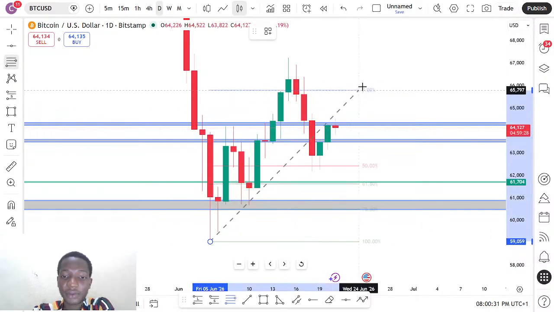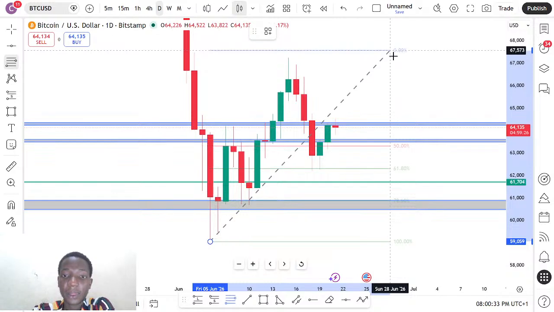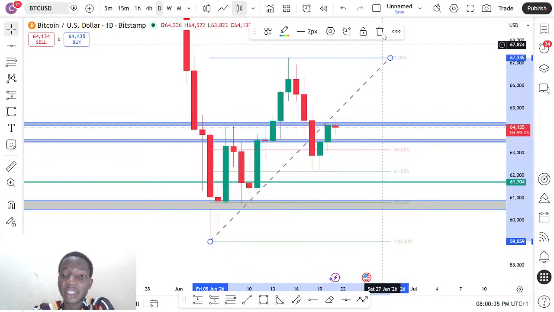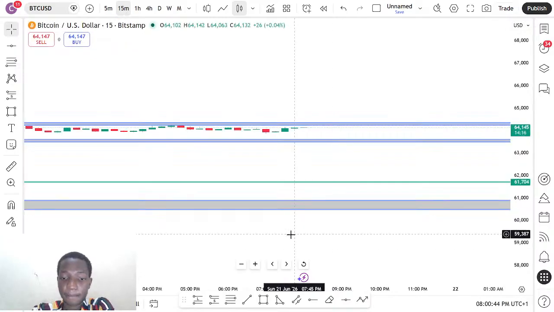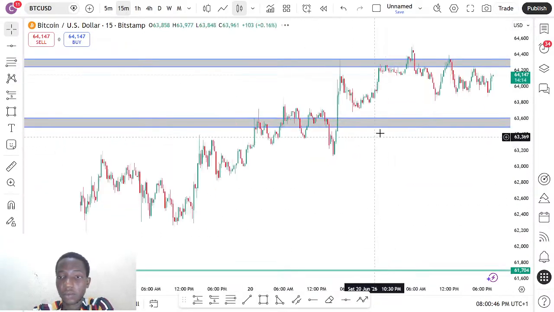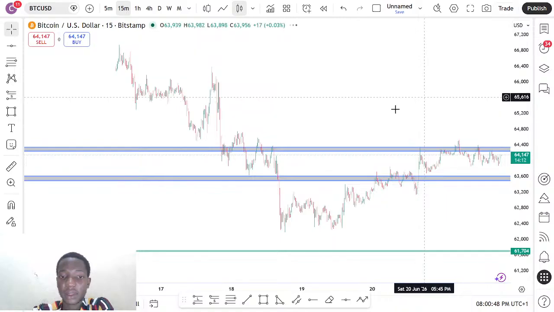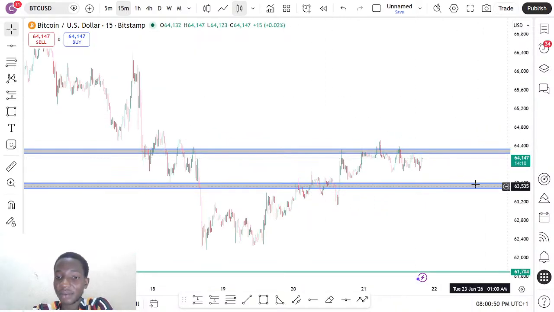Let me use my fib too, because I need to be more careful, because price has gone below. It has hit the 61.8 level, as the market has been reversing from this place here.